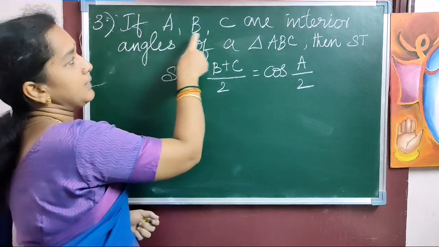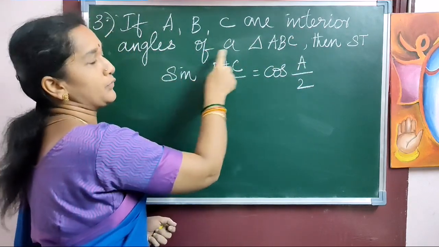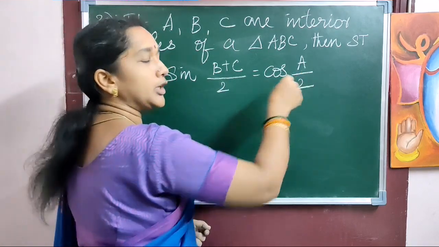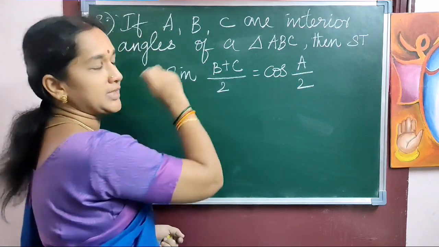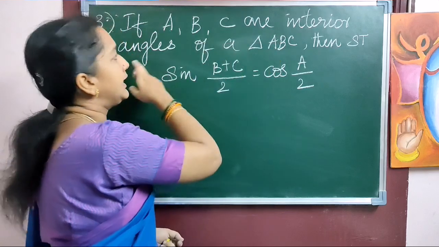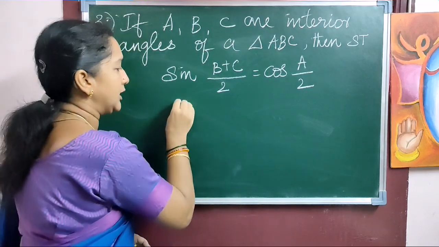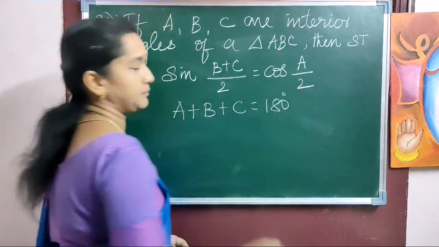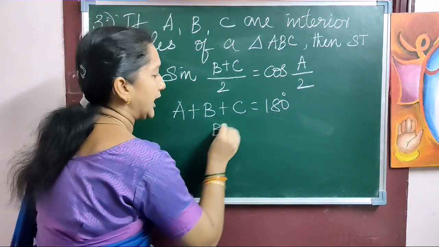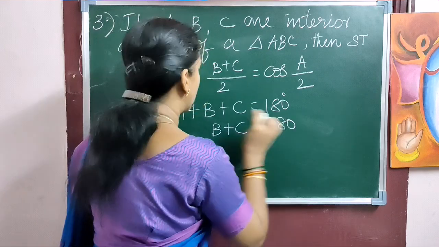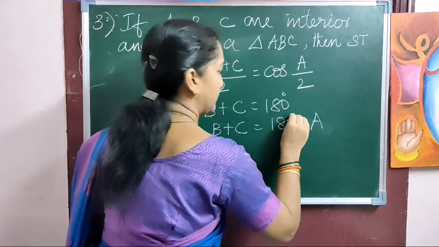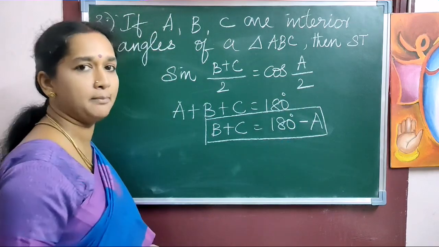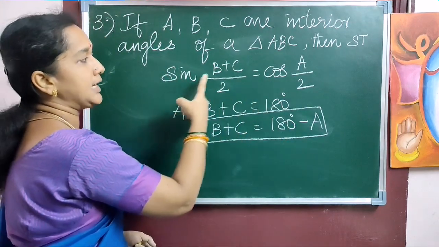Third sum. If A, B and C are interior angles of a triangle ABC, then show that sin of (B plus C) by 2 is equal to cos A by 2. It is given that A, B, C are interior angles of a triangle. You know very well that the sum of interior angles of a triangle is 180 degree. So B plus C is equal to 180 minus A. Take the LHS, which is sin of (B plus C) by 2.